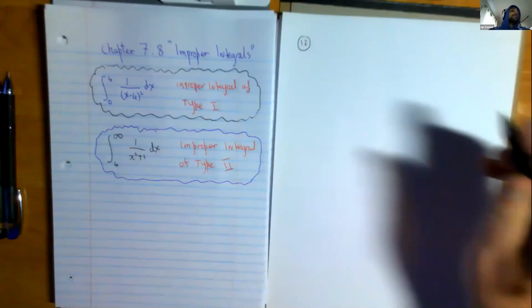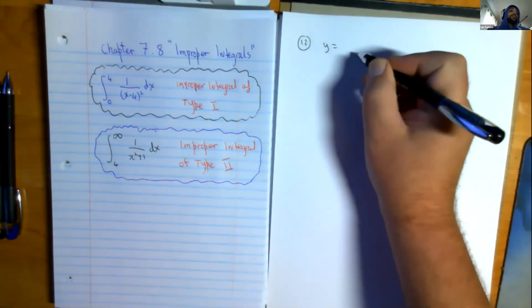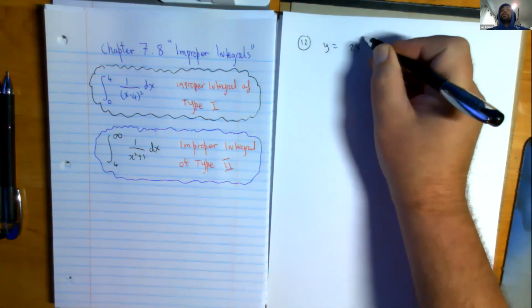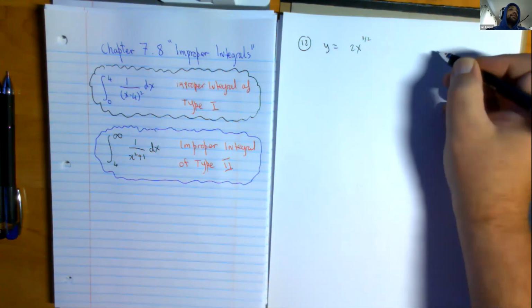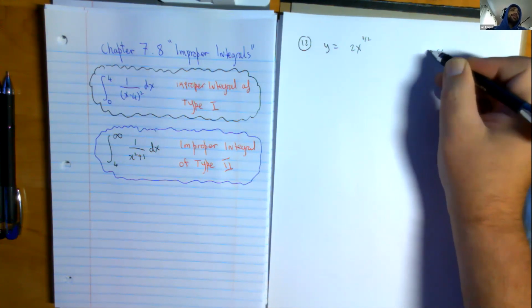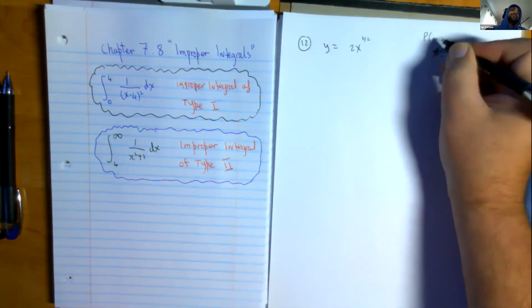Yeah. So it'll be number 12. Okay. y equals 2x to the power of 3/2. And then my starting point is P subscript 0, 16 to 128.